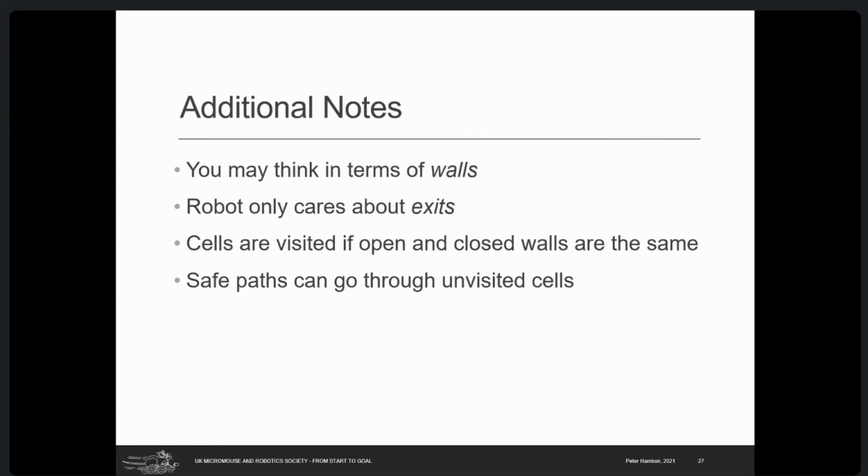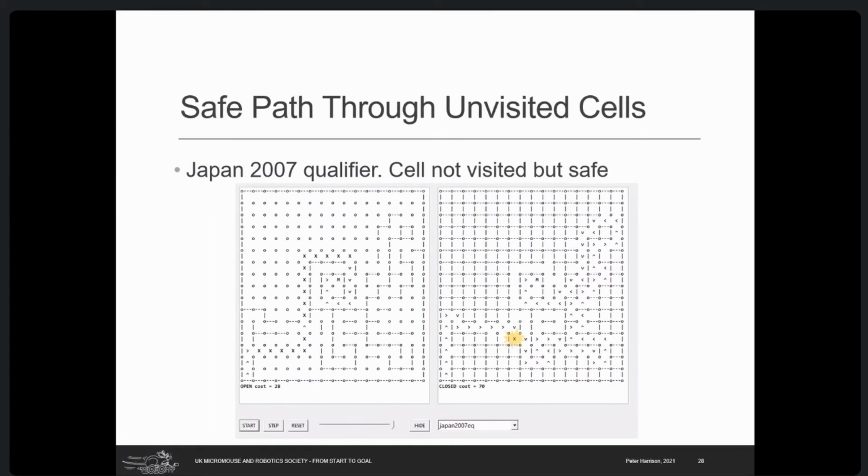And that means that there is a circumstance under which a safe path can still go through an unexplored maze. So this is the qualifier from Japan 2007, and after all of the exploring is done, you can see the little yellow splash there is where the safe path goes through a cell which has not actually been visited. But it will still be safe, because we have seen those two gaps. We don't care about the walls, we've seen the gaps.